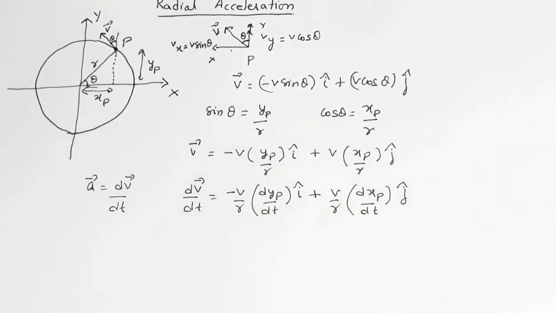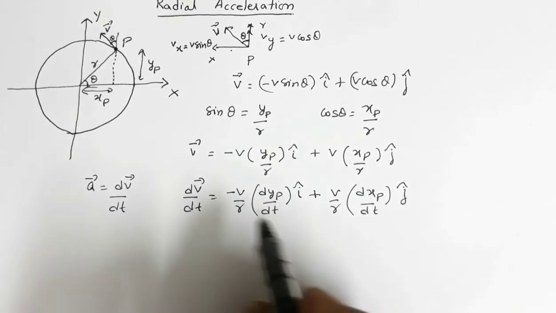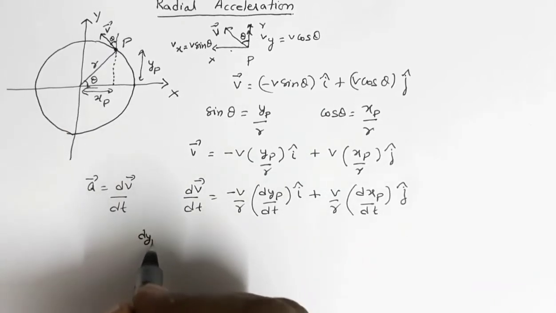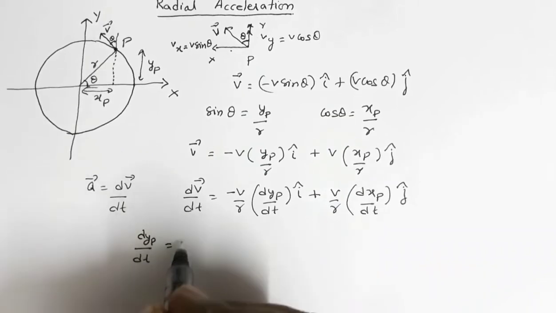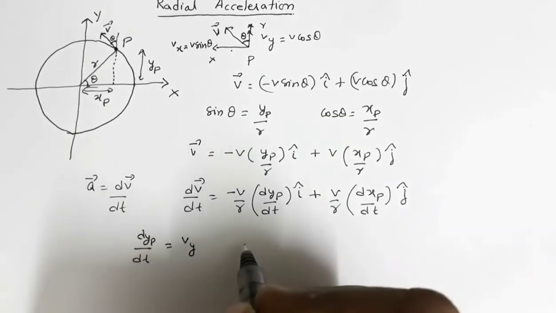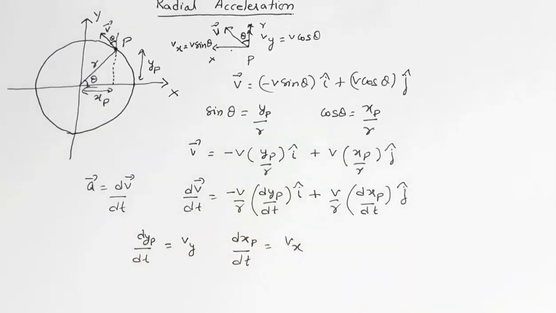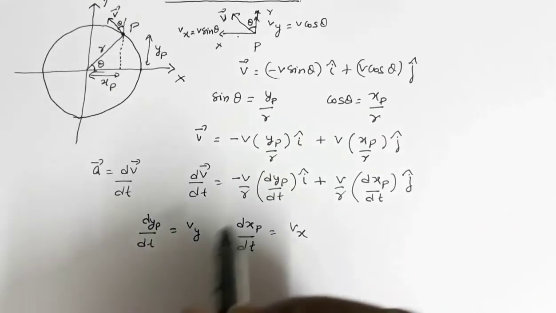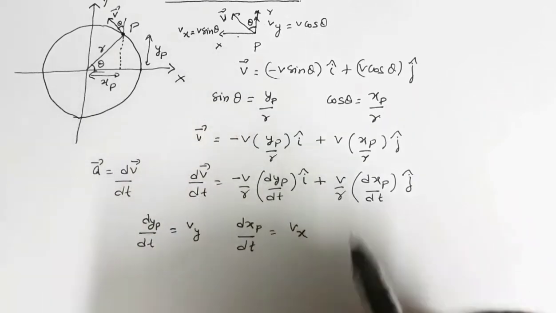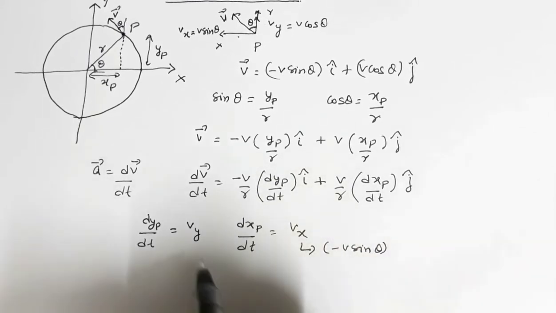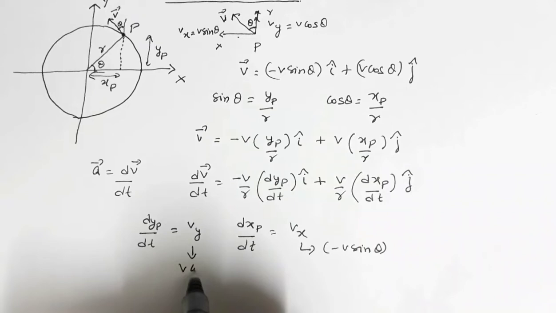Now what is dyp by dt? dyp by dt is the velocity of the particle along the y-axis. So I can write dyp by dt as vy and dxp by dt as vx. What is vx? vx is minus v sin theta and vy is v cos theta.